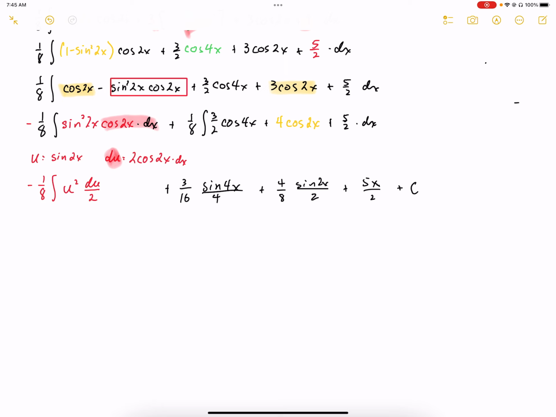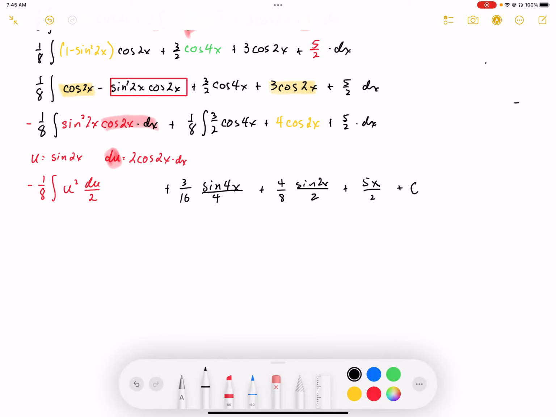In the red over here, I'm going to finish off that integral. So this becomes negative 1 over 16 u cubed over 3. And then we're going to back substitute for that.